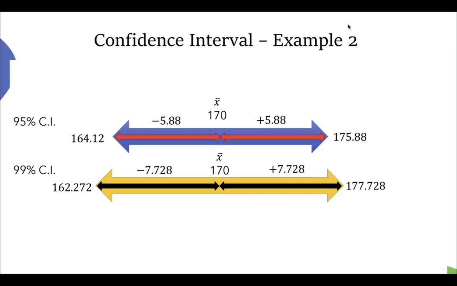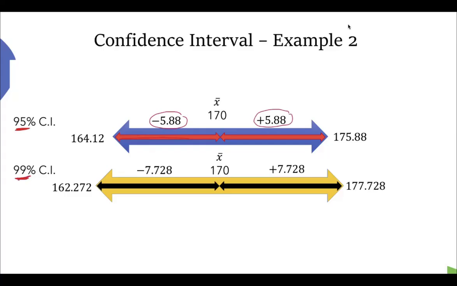So these are the two confidence intervals side by side, the 99 and 95% confidence levels. So the level changes, and what happens as the confidence level changes? A few things. The margin of error changed. So in a 95% confidence interval, it was negative and positive 5.88.